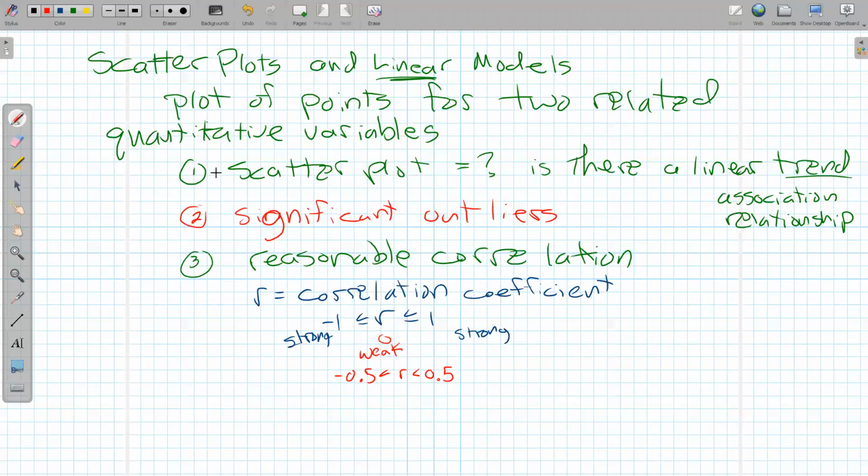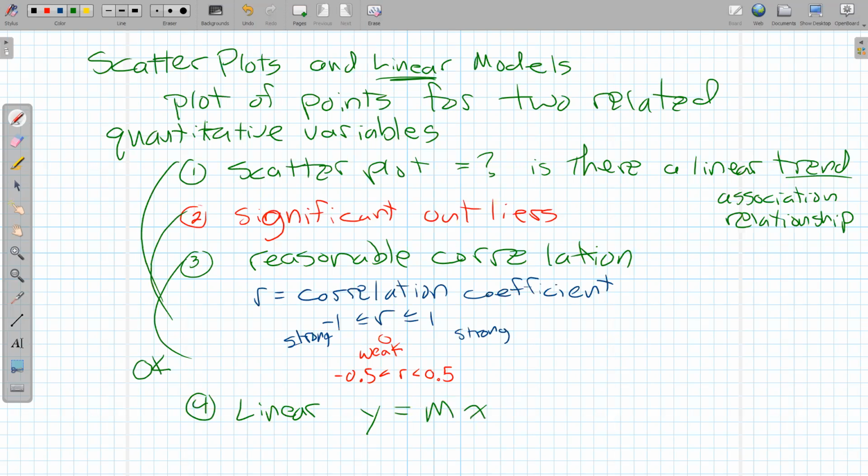All right, so those are the big ideas there. If we do have a scatter plot that has a linear trend, if the correlation coefficient is reasonable and there's no really big outliers, then we find the model. So what is a linear model? Given that all of these things are okay, we proceed to find y equals mx plus b.